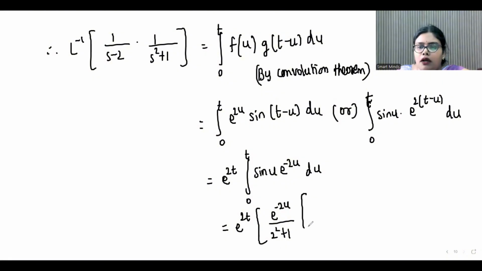We have a formula, we are applying that formula: (minus 2 sine u minus cos u). Apply the limits from 0 to t.